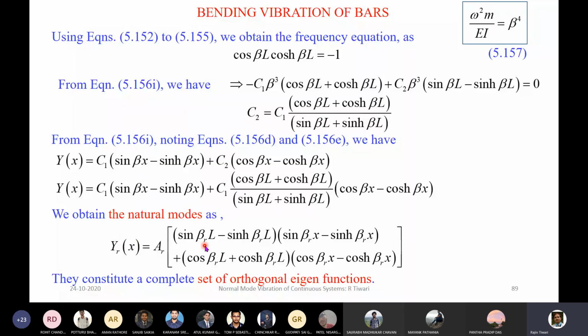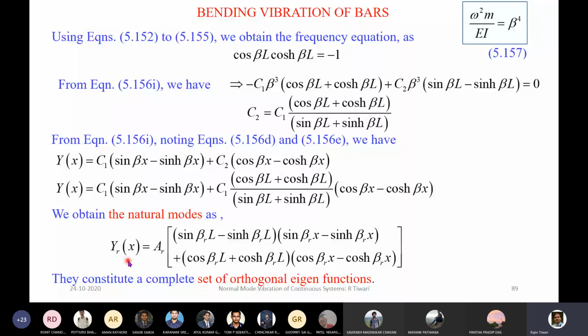If we are using beta 1, we can plot how the displacements take place in the beam corresponding to the first natural frequency. If we are using beta 2, then we can plot corresponding to that particular natural frequency. So for different natural frequencies, this variation of the displacement at different locations of the beam will be different.